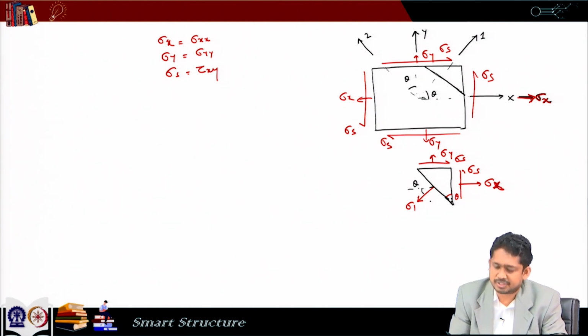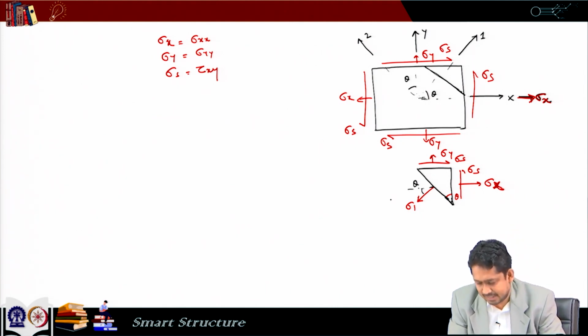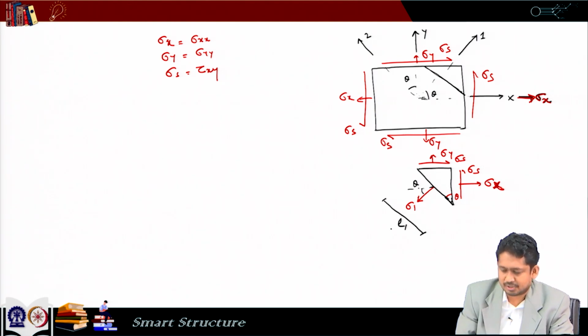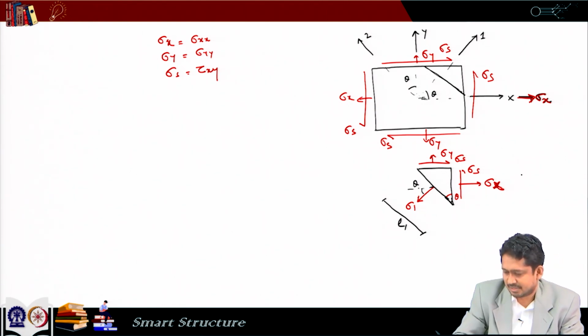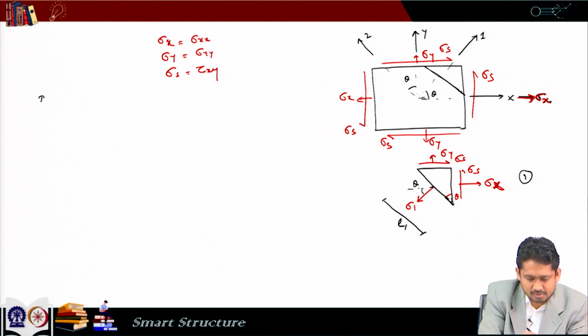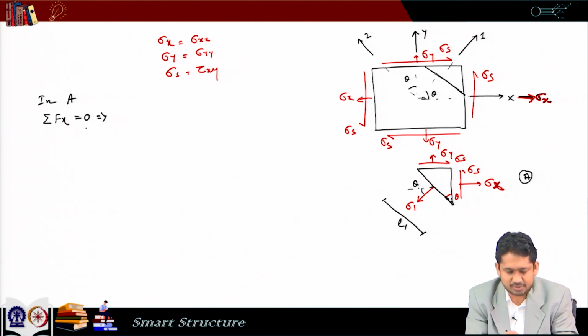Now, we do the force balance in this part, and let us assume that this inclined edge has a length of L1. Let us call this part A. Considering this part A, if we balance all the forces along direction 1 and set it equal to 0, this gives me this equation.